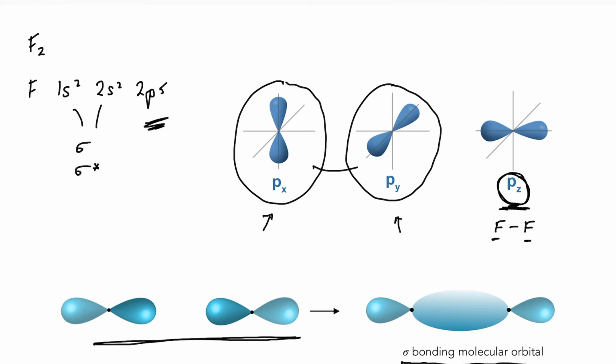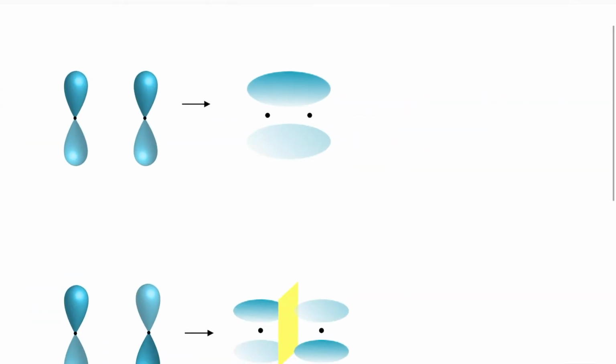I hope you can see in this picture here that we're not going to have a case where a px from one fluorine atom would combine with a py from another fluorine atom, because they have the wrong symmetry. So if we work on the basis that we've got 2 px orbitals, one from each fluorine atom, they can combine in phase. So thinking once again of atomic orbitals as having wave character, we're combining our waves constructively, and we're going to form a pi molecular bonding orbital.